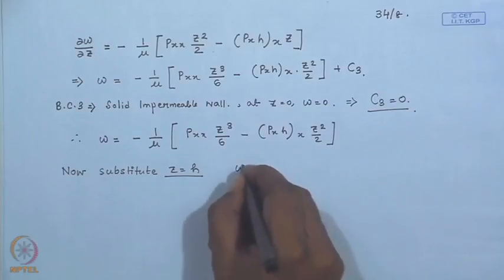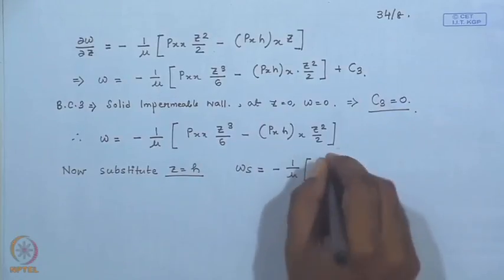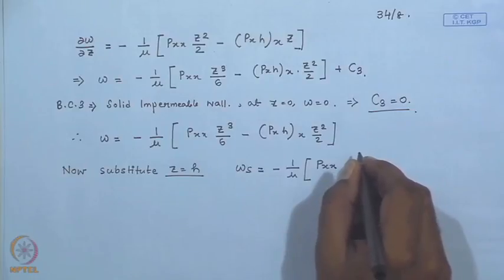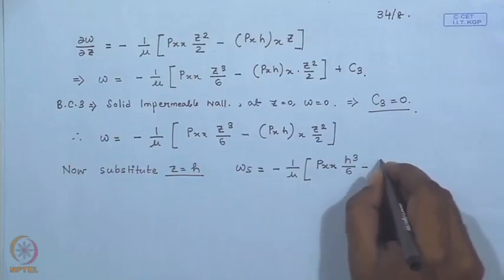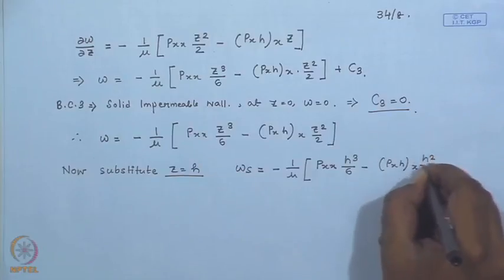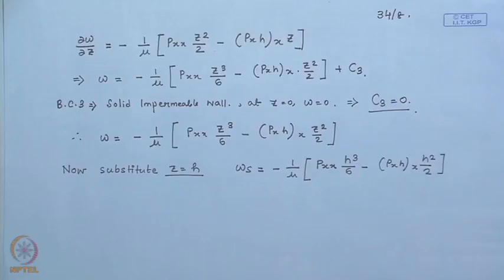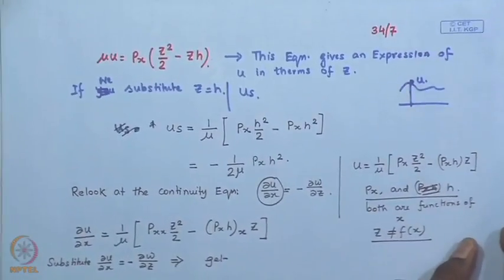You will get an expression of w s, which turns out to be minus 1 by mu into p x x h cube by 6 minus p x h x h square by 2.